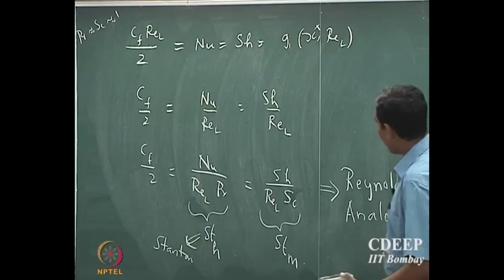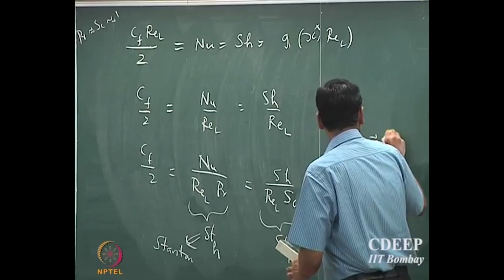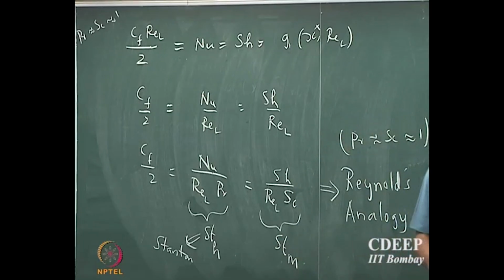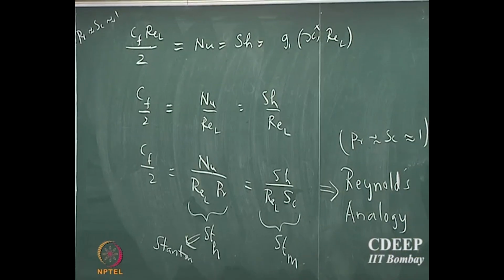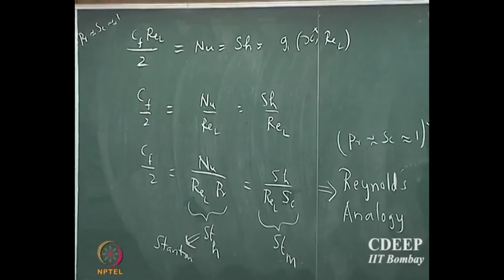Now, remember that this Reynolds analogy is valid only when Prandtl and Schmidt are approximately equal to 1, right. So, the question is, real systems are obviously not the case. Prandtl and Schmidt are obviously not 1 because we are not always looking at dilute gases, we are looking at other systems too.